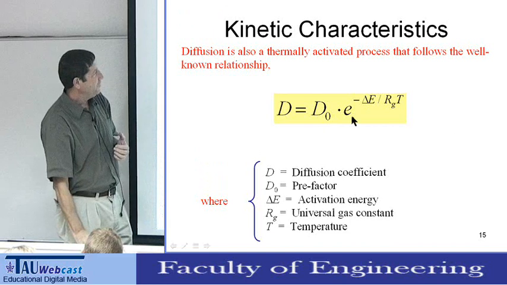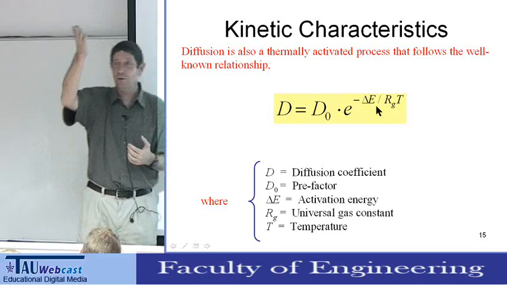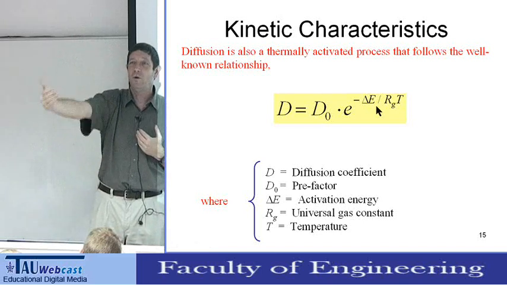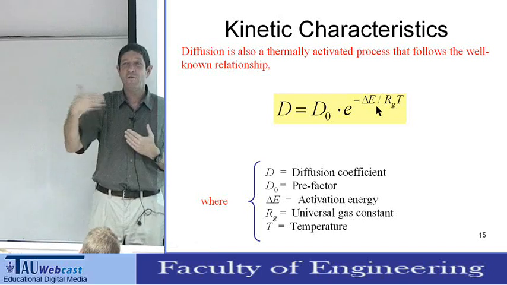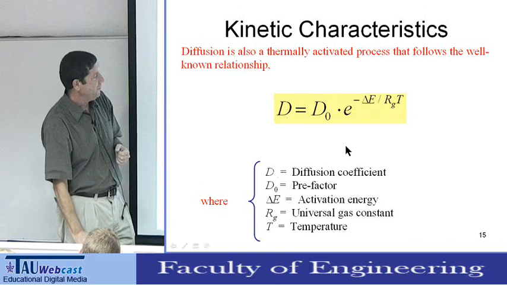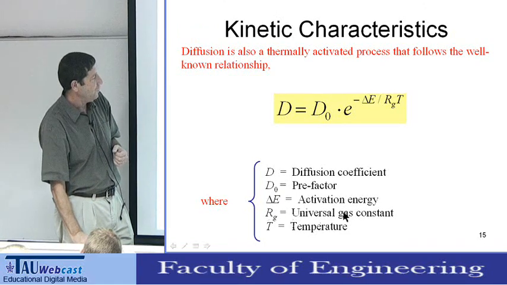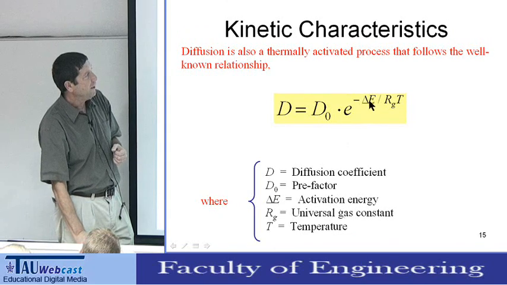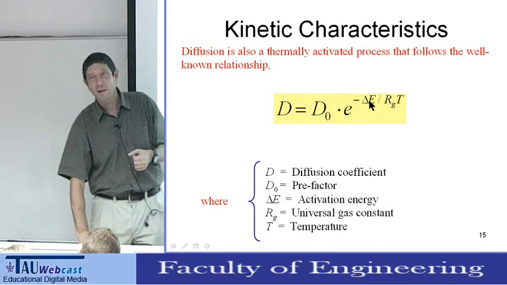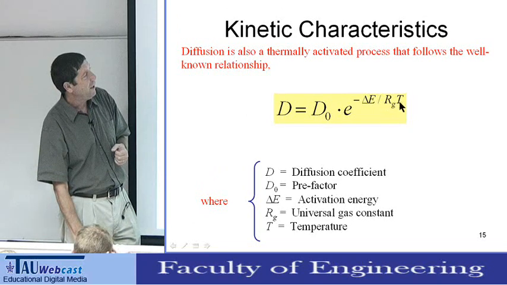Now you can prove the diffusion coefficient depends on the temperature, and the higher the temperature, the more active, the faster is the process. And you have an activation energy, delta E. D0 is a prefactor, delta E is the activation energy, Rg is the universal gas constant, and T is the temperature. If you take delta E in electron volts, which is very common, then you replace Rg with k over q.